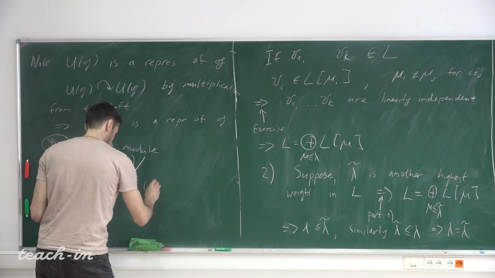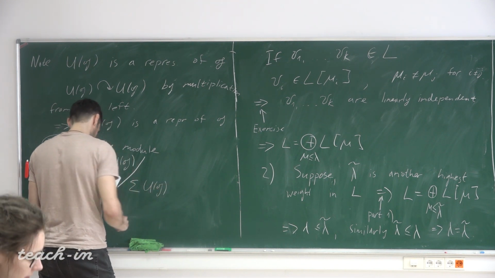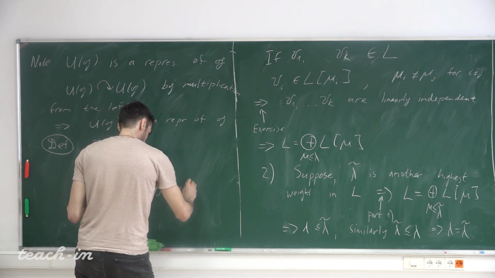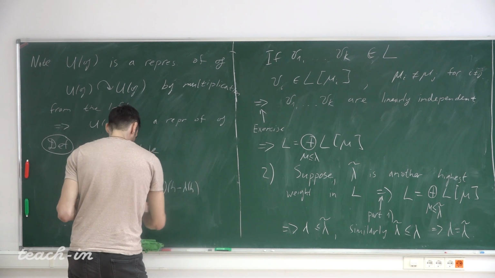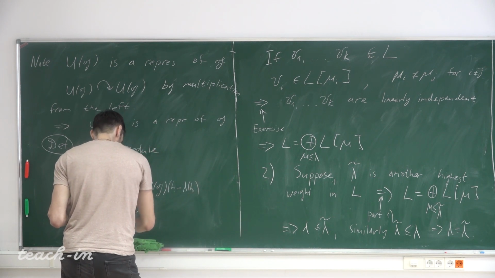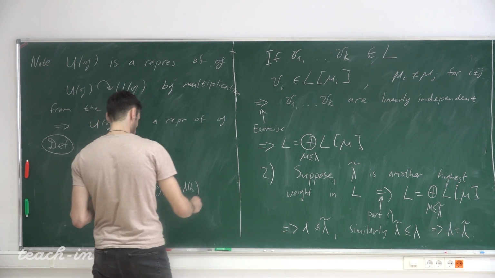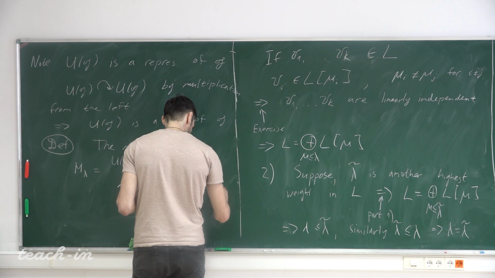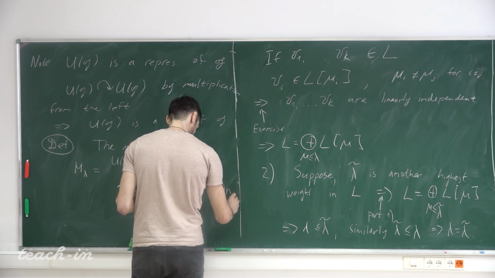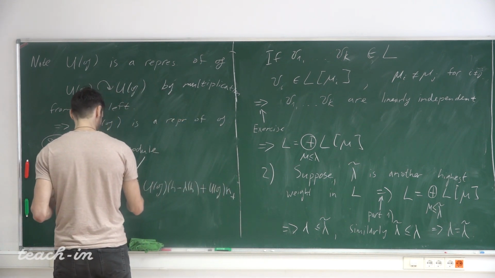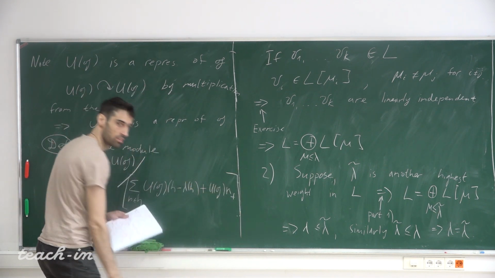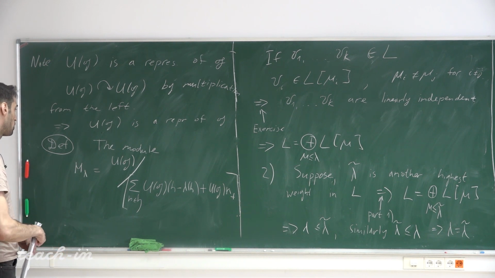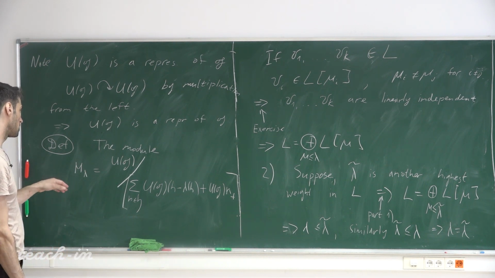So it's U of G times (h minus lambda of h), sum over h from the Cartan subalgebra, plus U of G times n plus. Okay. So first of all, this is left.